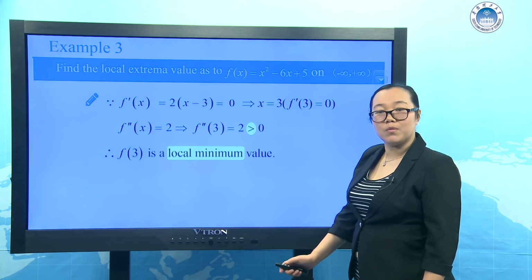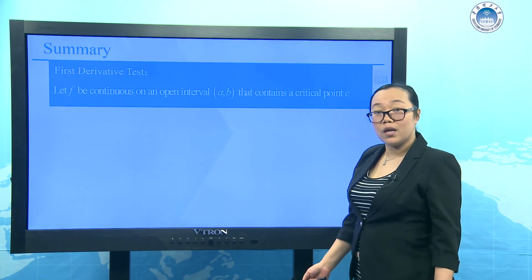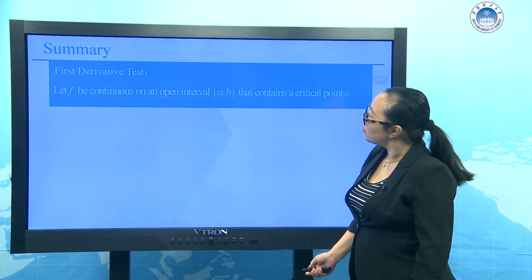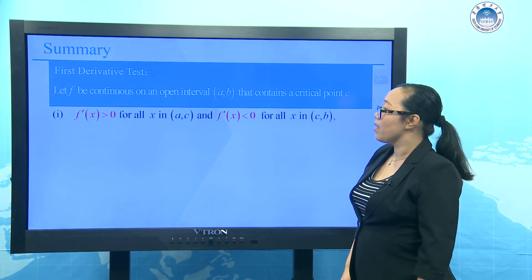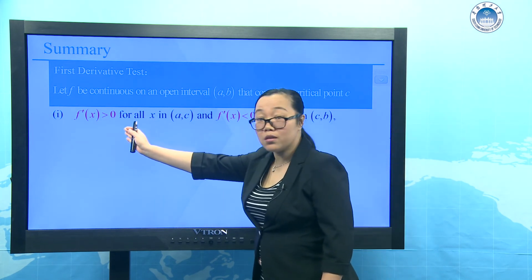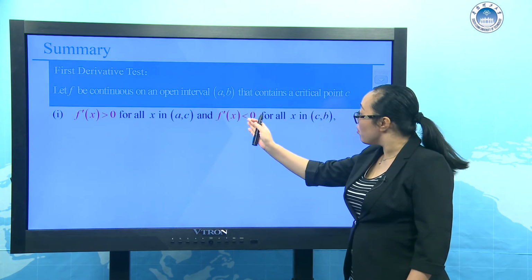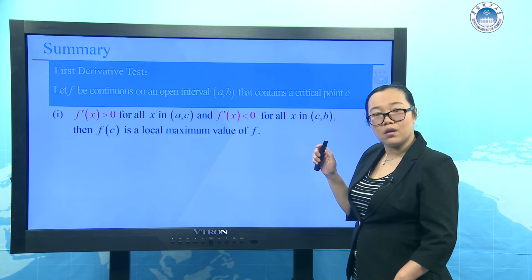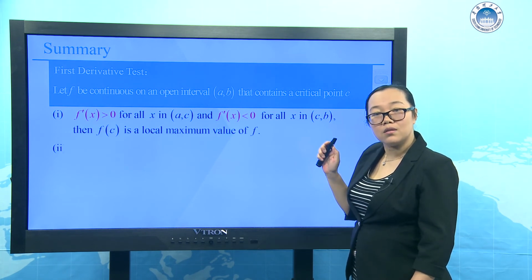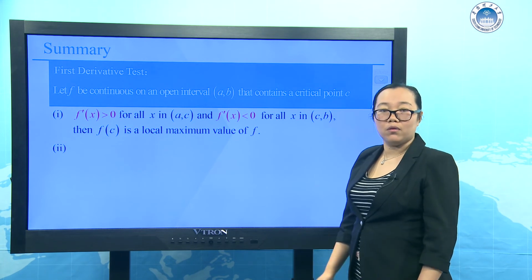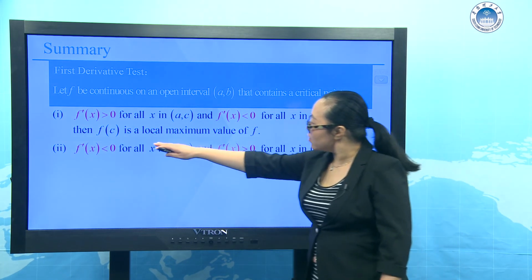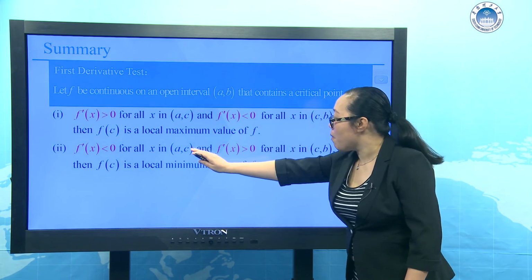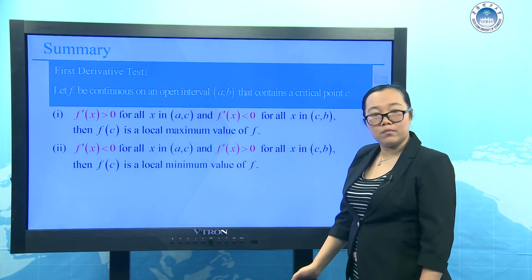Remember, local minimum value. So we can get the following summary. The first derivative test: f prime changes sign between the different intervals, and then f of c is a local maximum value or a local minimum value accordingly.